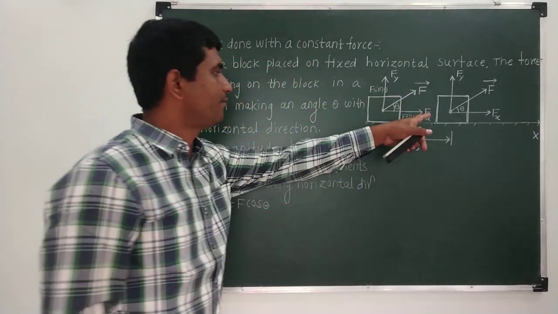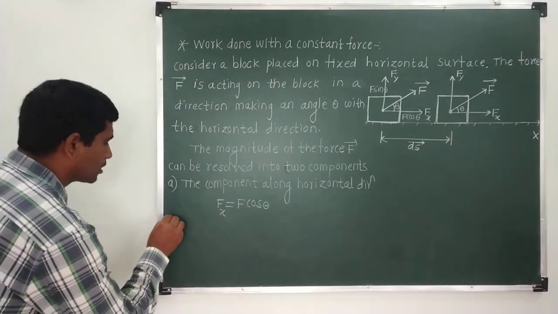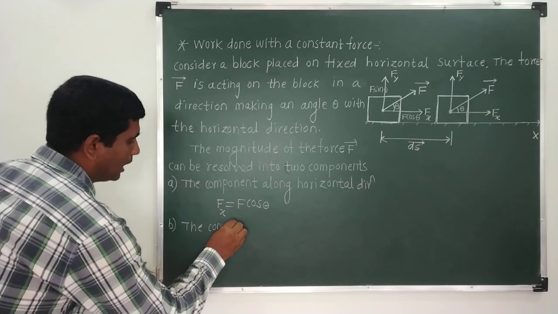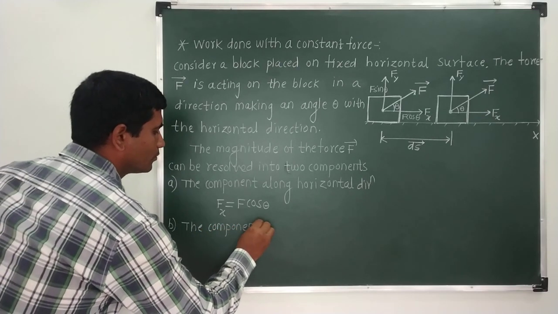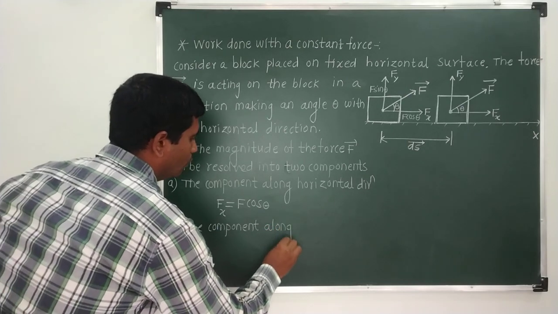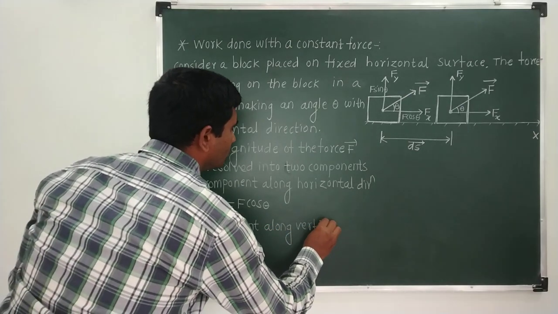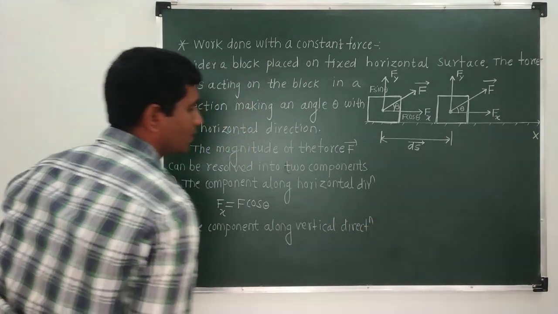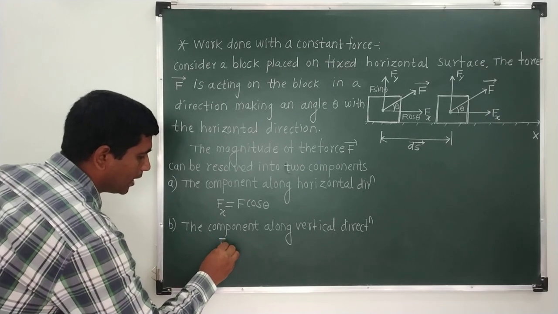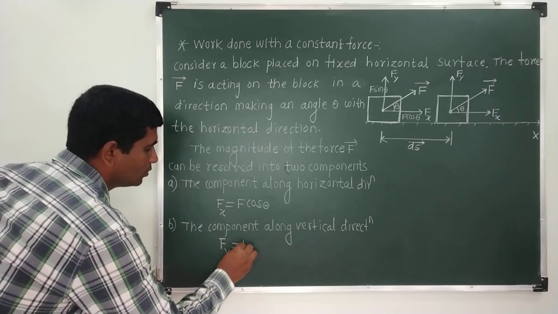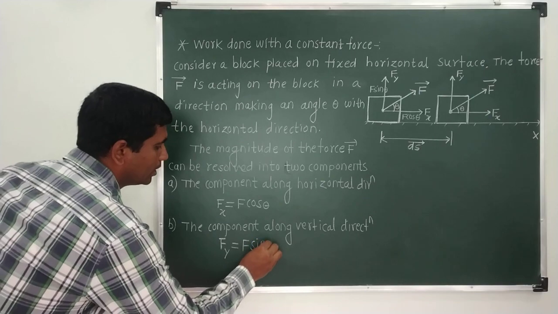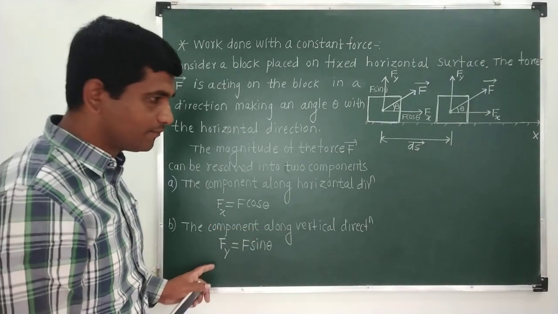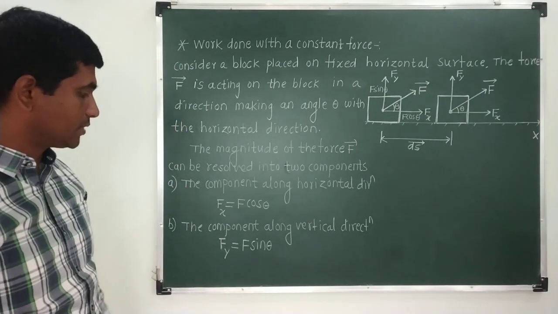The component along the vertical direction is Fy, and Fy is equal to F sin theta. So the horizontal component is F cos theta, and the vertical component is F sin theta.